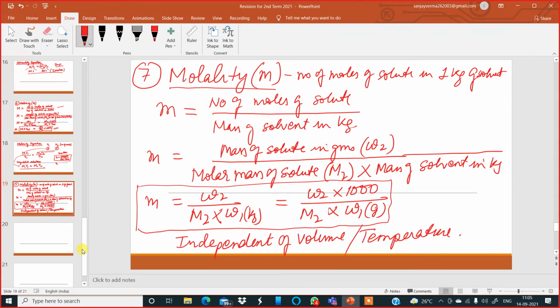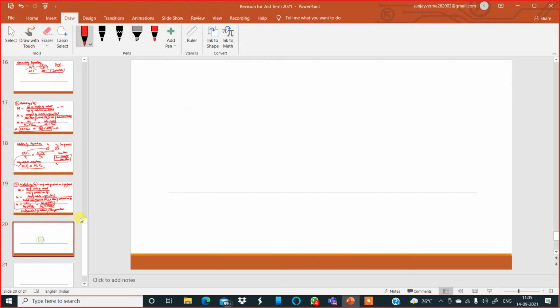After that, moving to the next term, number 8, we have mole fraction, denoted by big X, chi.